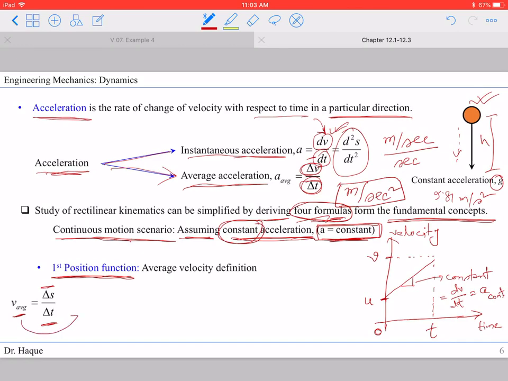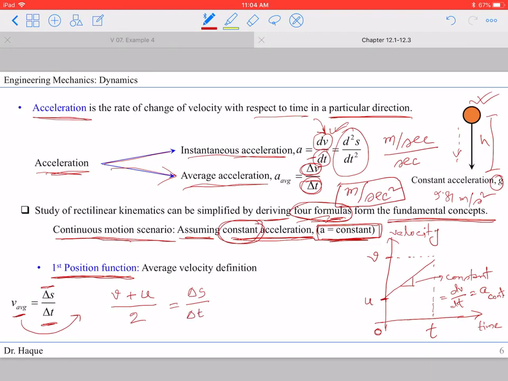Take the definition of average velocity, so the final velocity v plus initial velocity, and to get an average we have to divide it by 2, and on this side we'll have the same thing, so delta s over delta t.